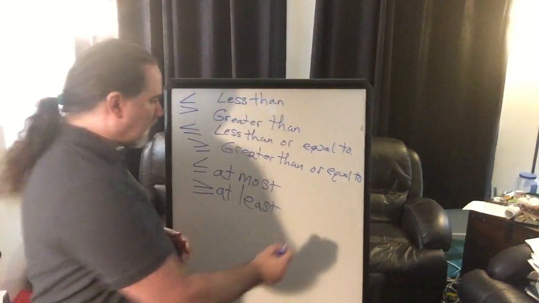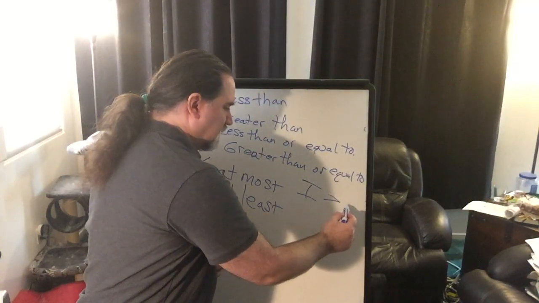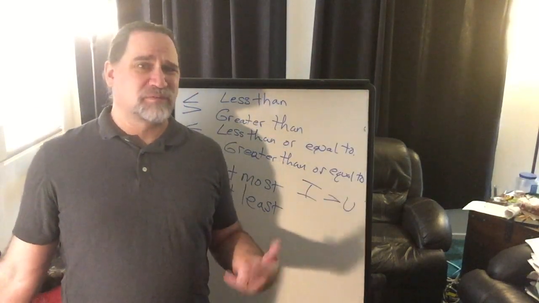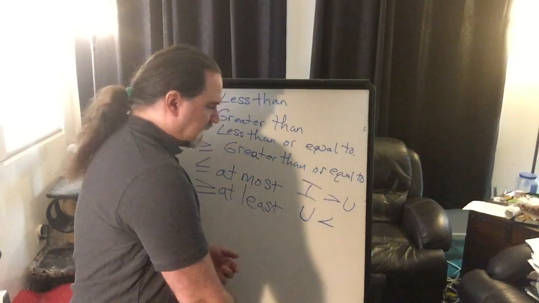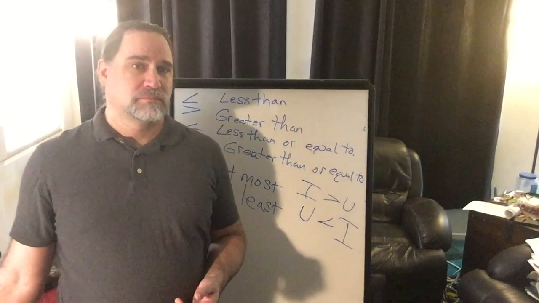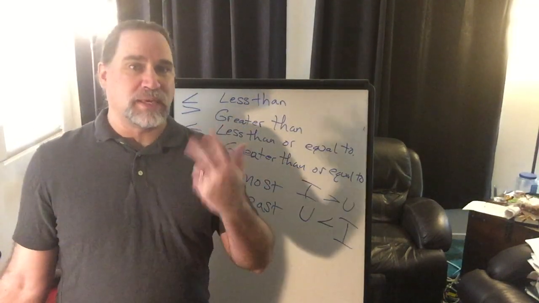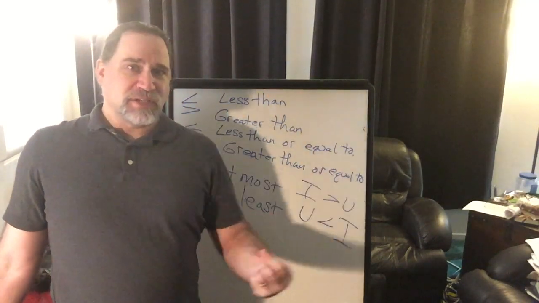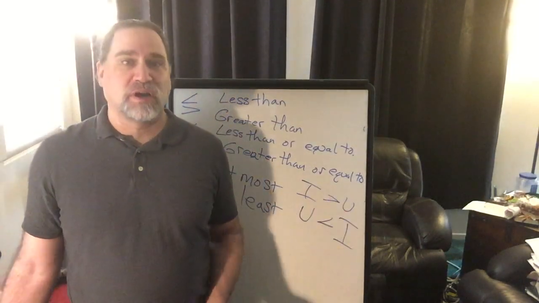That would be I'm greater in age than you are. But what if I wanted to describe the same thing in reverse? I could say you are less in age, you are younger than I am. It's the same information. The alligator still wants to eat the bigger number, that'd be me, because I'm the older one here. Either way, it's described from the perspective of whichever one I want to talk about it from.